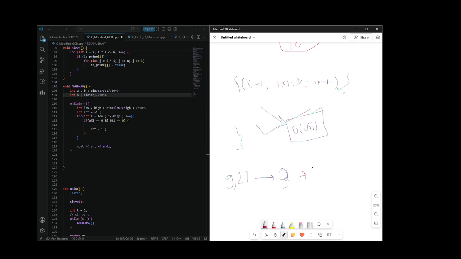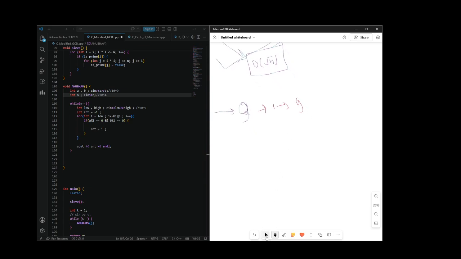So we'll iterate from 1 to 9, and then for each value, what we try to do is that when i would be divisible by GCD, sorry, we'd iterate till root of 9, that is 3, till 3, sorry.